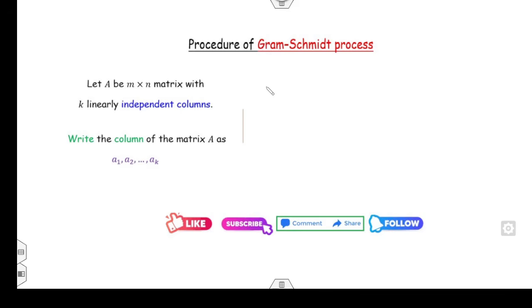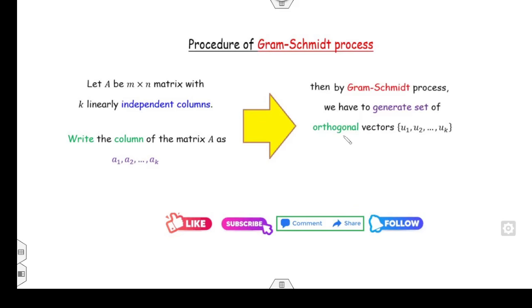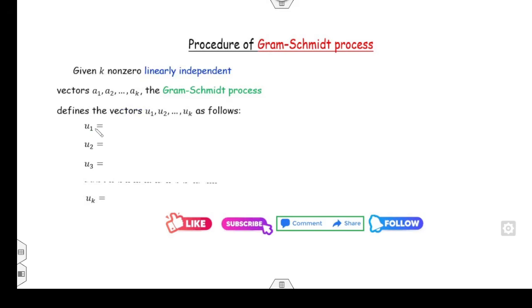Now, our target is to construct the orthogonal vectors. So by the Gram Schmidt process, we construct the orthogonals u1, u2 up to uk. The question is, what is the value of u1, what is u2 and what is uk? And once we construct the orthogonal, we convert it into the orthonormal. Now how can you define those orthogonal vectors?